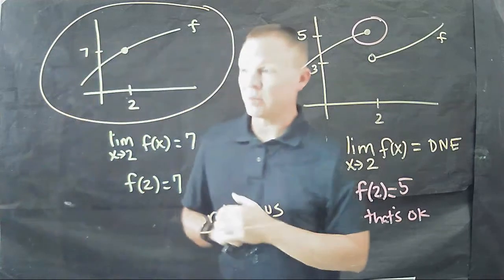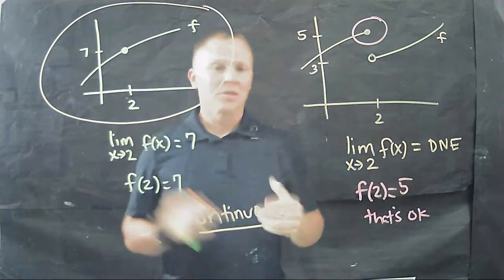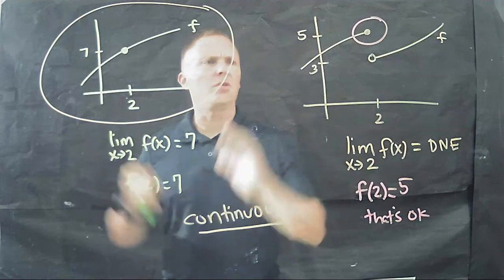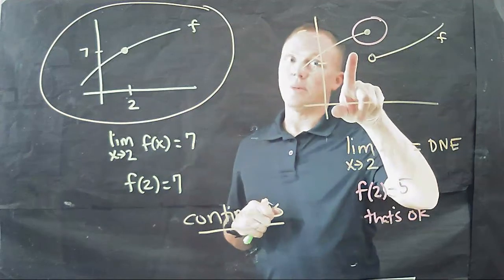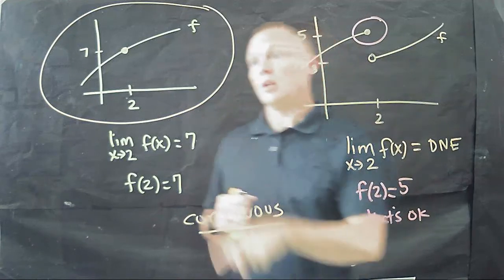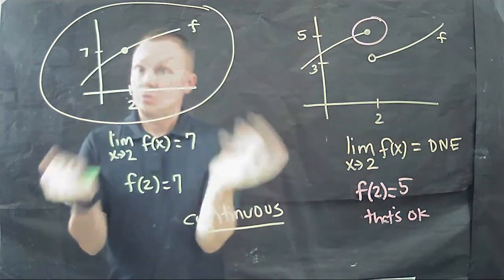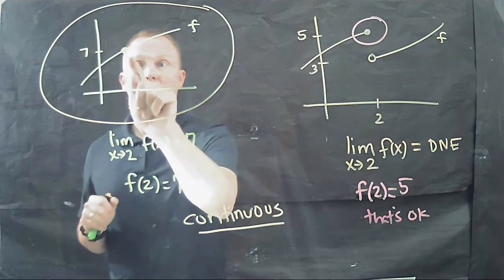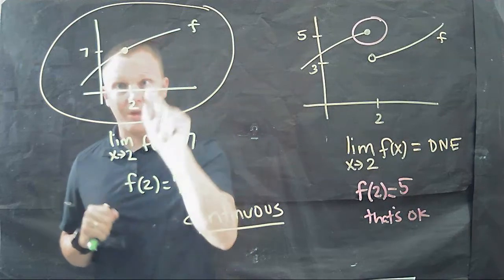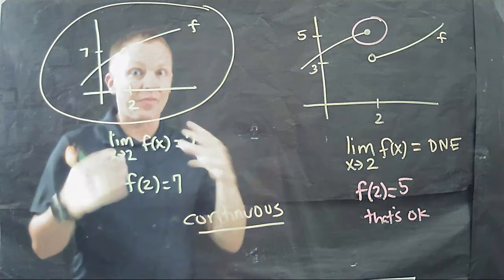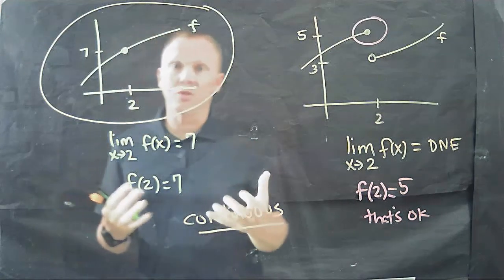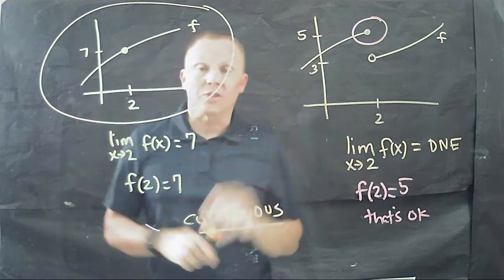If you remember back in Algebra 2, or maybe pre-calc, somewhere along the way you learned the definition of continuity is that you can draw the graph without picking up your pencil. Well, the other ones, you had to pick up your pencil, right? But this one right here, you can draw without picking up your pencil. And it turns out that idea is the informal definition of continuity.